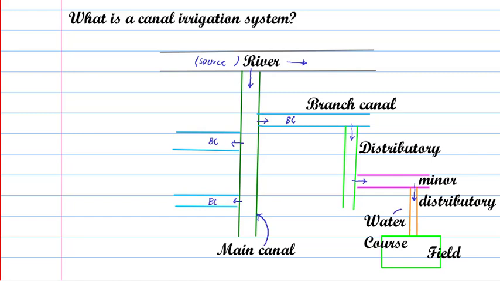This is known as water course, and the water course will take the water to the field. So this is the canal irrigation system from source to the end field, right?